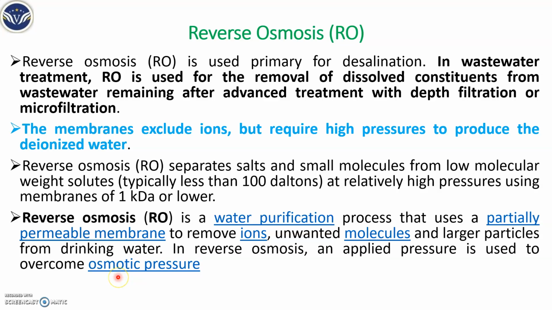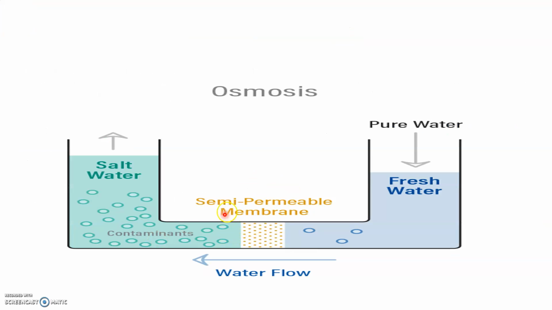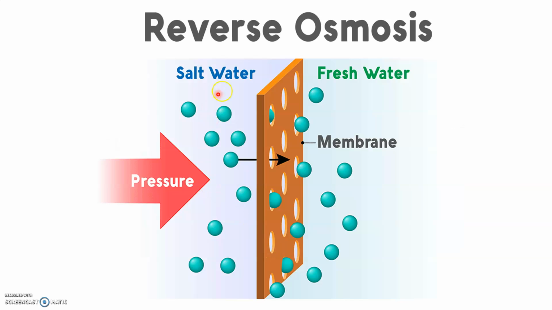By doing so we remove the impurities. You can see here the semi-permeable membrane, the water being passed at higher pressure, and the contaminants being held back. You can see in this figure that only the pores smaller than a certain size allow it to pass, and the rest are retained.